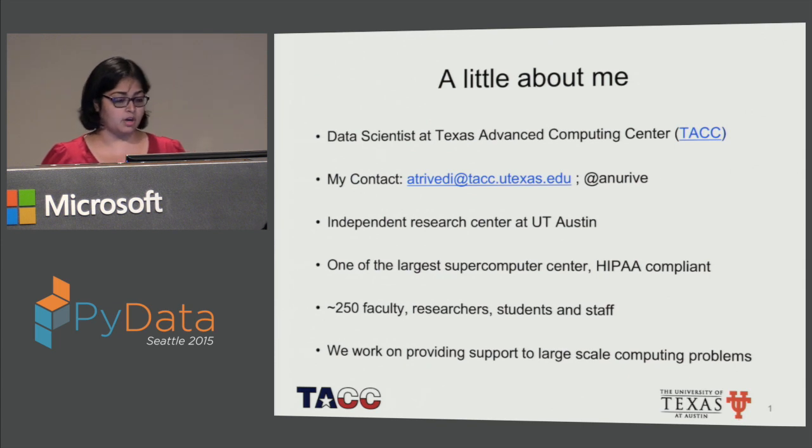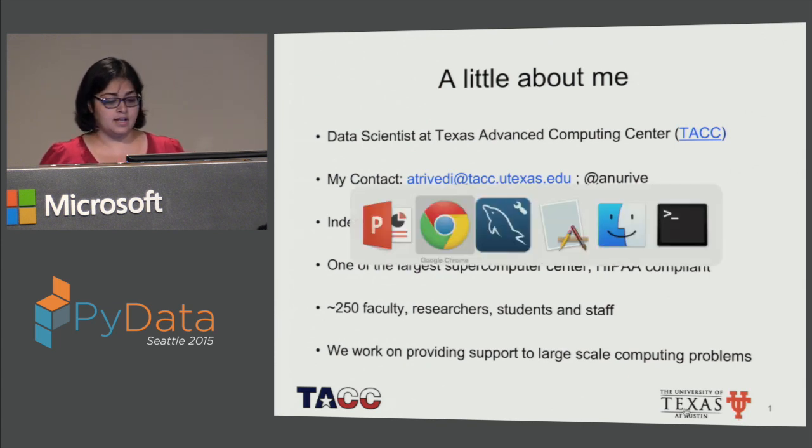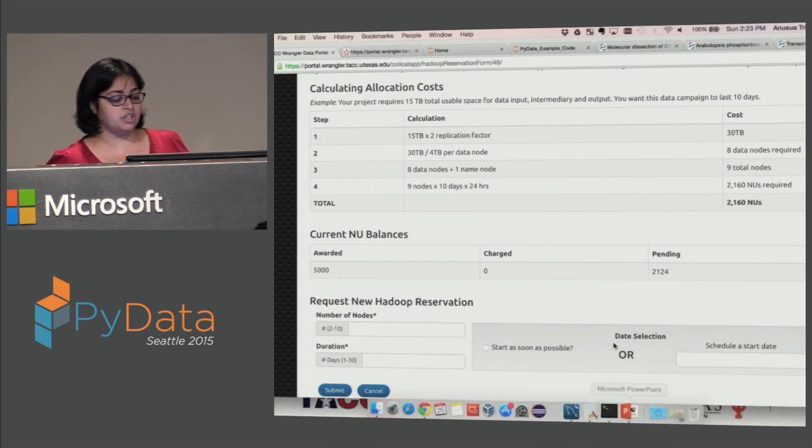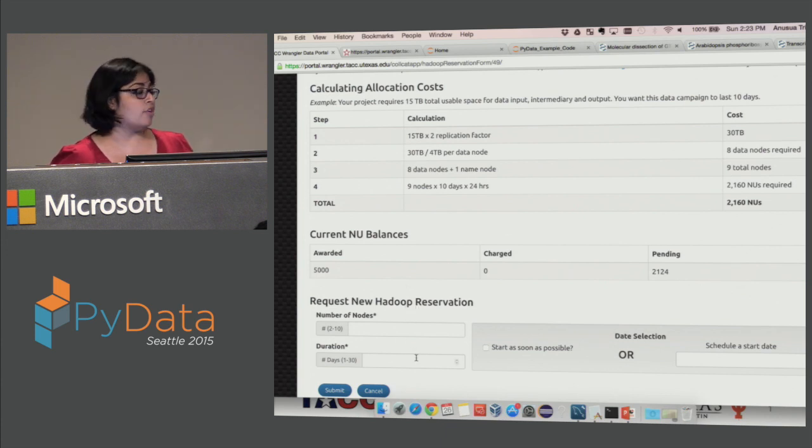I'll show you a little bit of the interface that I have here. This is the interface in Wrangler where you do not have to set up any cluster. In the request new Hadoop reservation, you can just say how many nodes you want and for how many days.